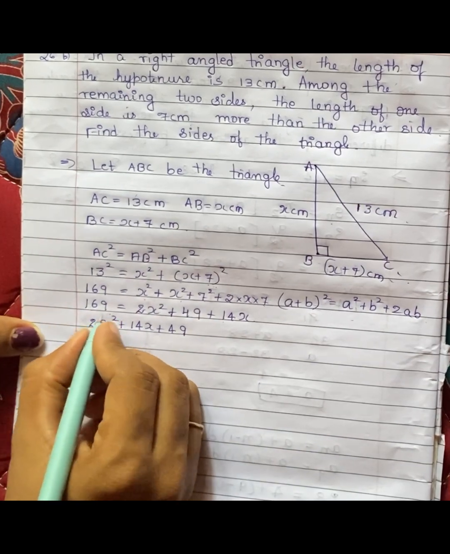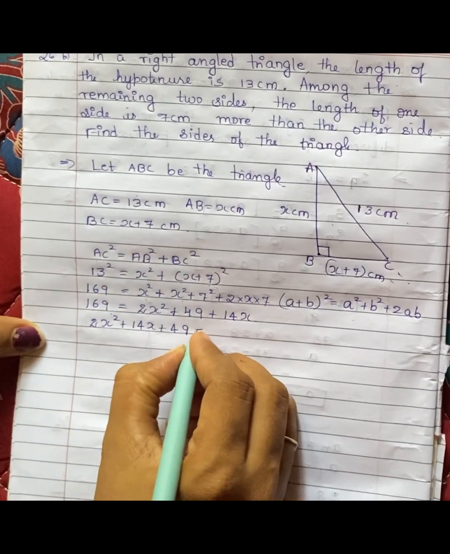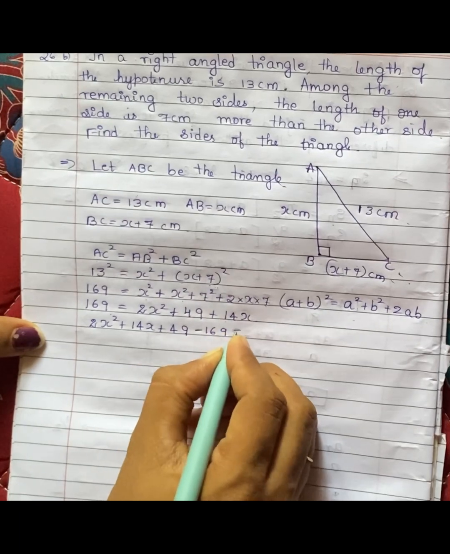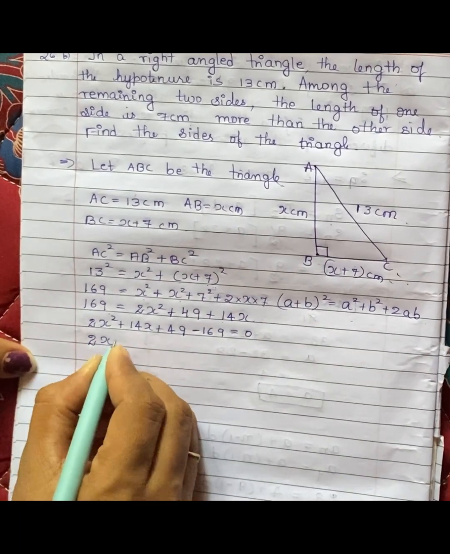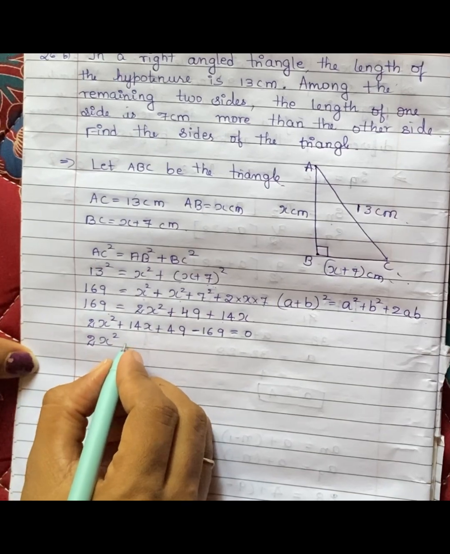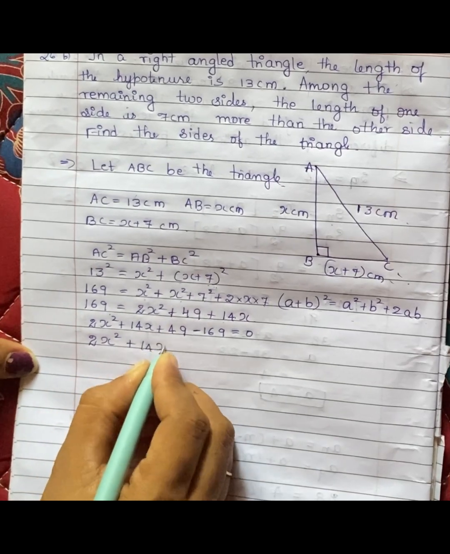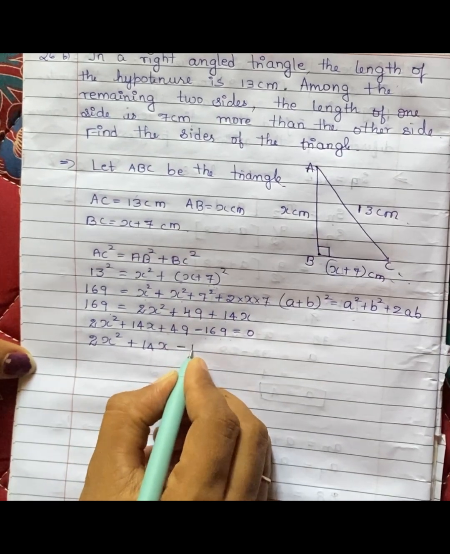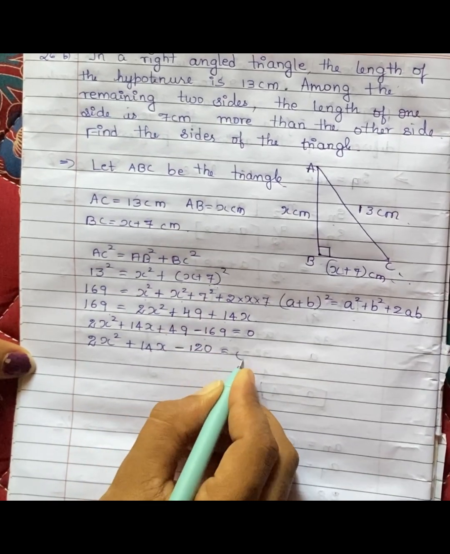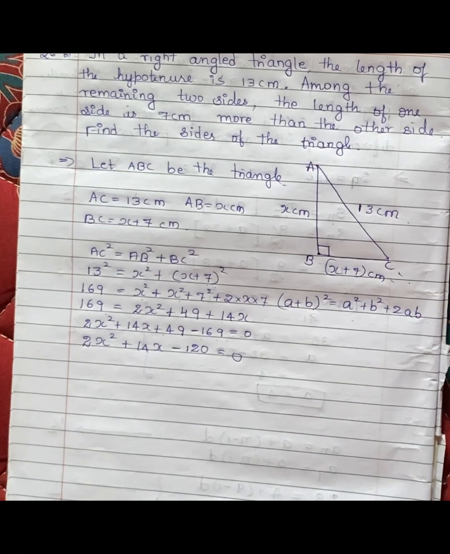This 169, when it comes to this side, it will become minus 169 is equal to 0. Next step is 2x square. So write 14x as it is. So minus 169 plus 49 will be minus 120 is equal to 0.